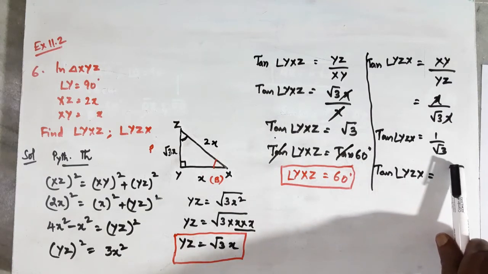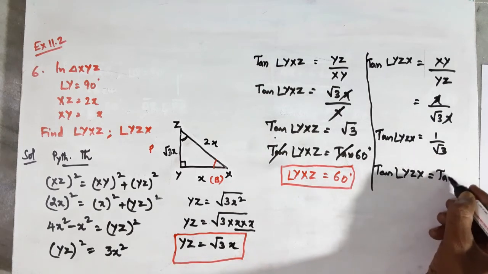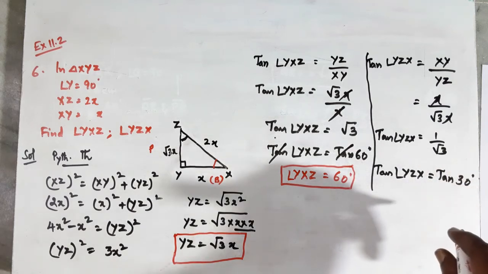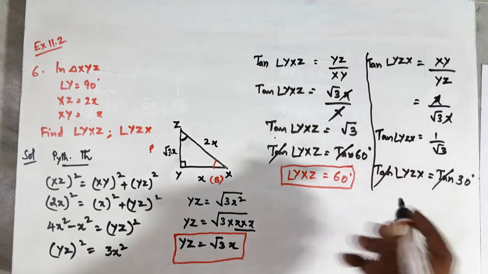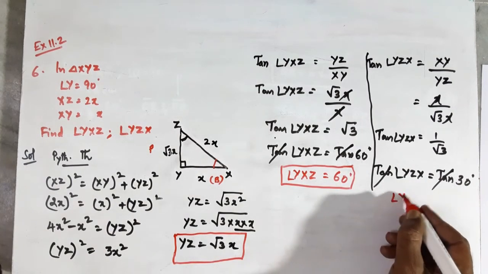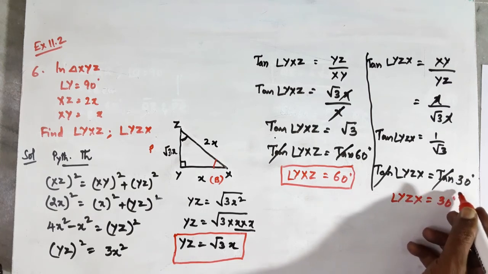If you see in the trigonometric table, it is tan 30 degrees. Tan 30 degrees is equal to 1 by root 3. Tan is cancelled. Therefore, angle YZX is equal to 30 degrees.